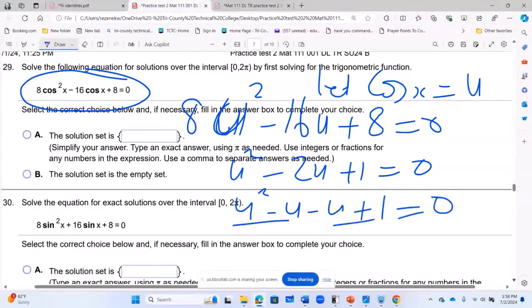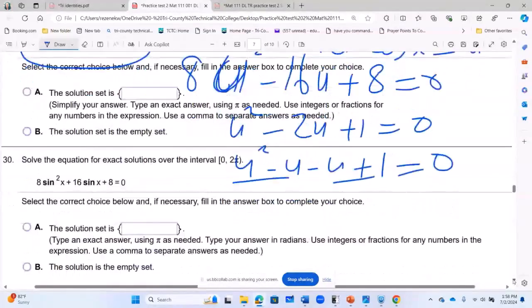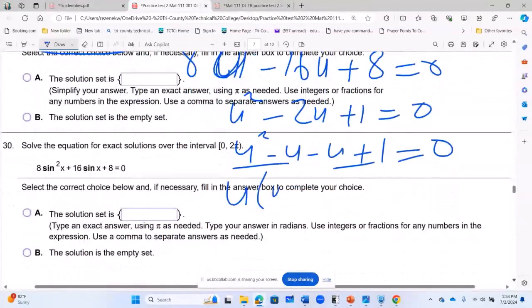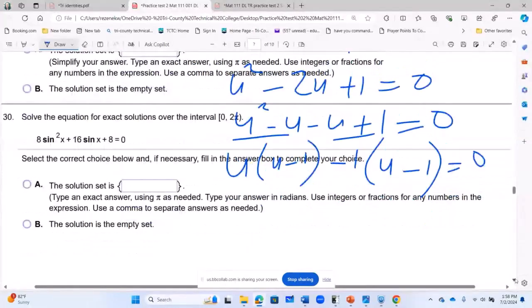I group this one and this one, and I have one common term, u, out: u into u minus 1, minus 1 times u minus 1. What is in the parentheses is the same, so factorization works. Solving this quadratic by factorization works here: u minus 1, u minus 1. So it's a perfect square, and I have u equal to 1 twice.